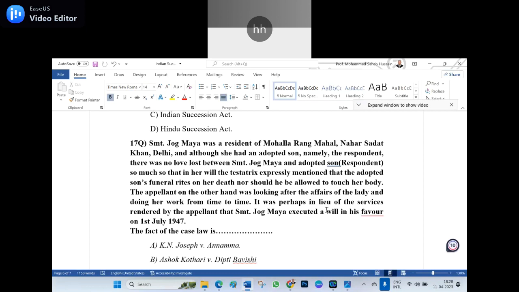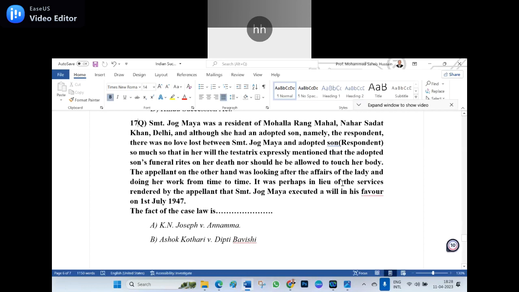The appellant, on the other hand, was looking after the lady's affairs and doing her work from time to time. Perhaps in lieu of the services rendered by the appellant, Srimati Jogmaya executed a will in his favor on 1st July 1947. These are the facts of the case law.